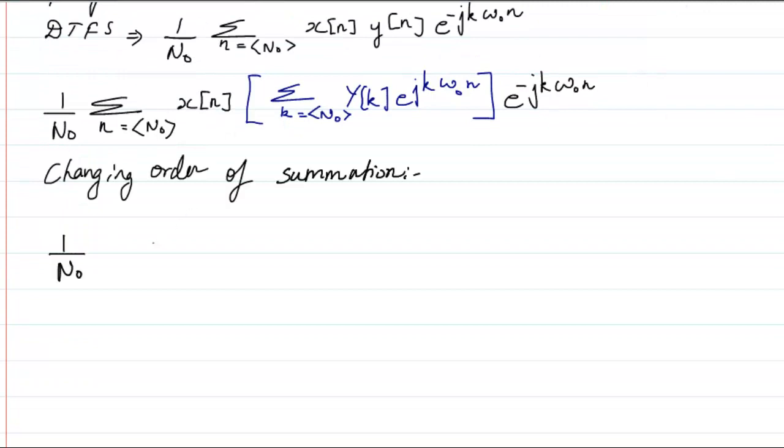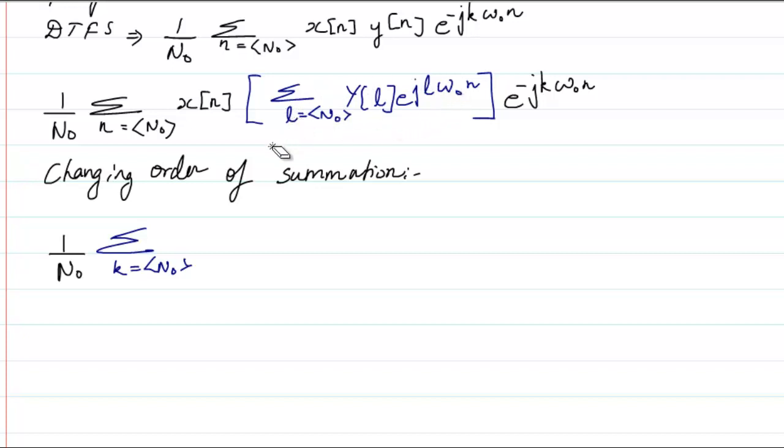Changing the order of summation, I can take the k value outside. So summation k within the limit N naught. Since I will use k again later, I will use a different variable, L, because k I have already used here and it is not good to use k again.